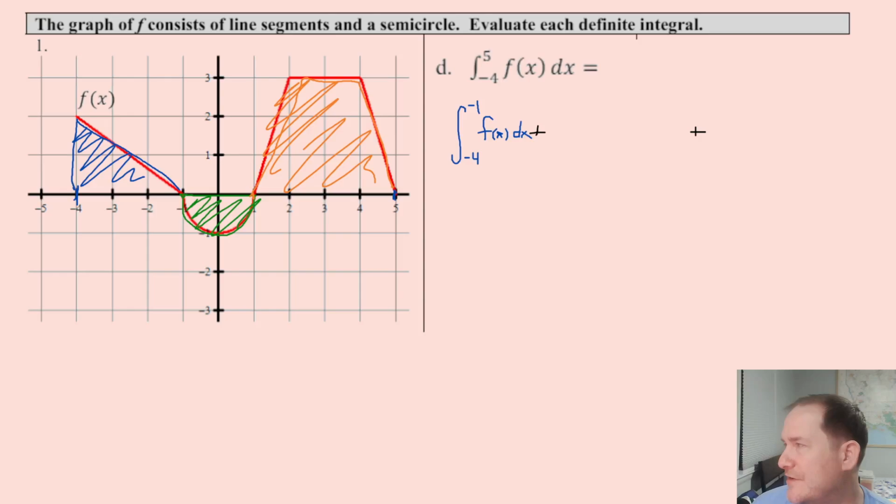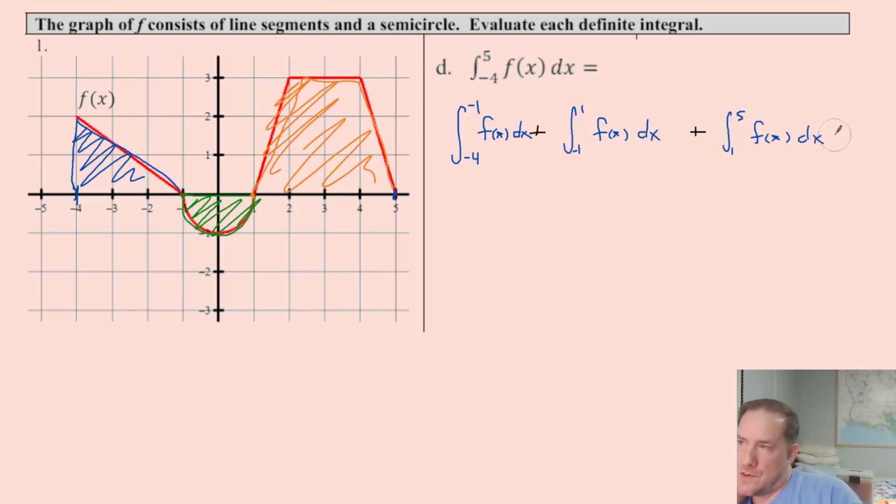Then the green region is going to be the integral from -1 to 1 of f of x dx. And lastly, this orange region goes from 1 to 5. And that's all the messing around we need to do.